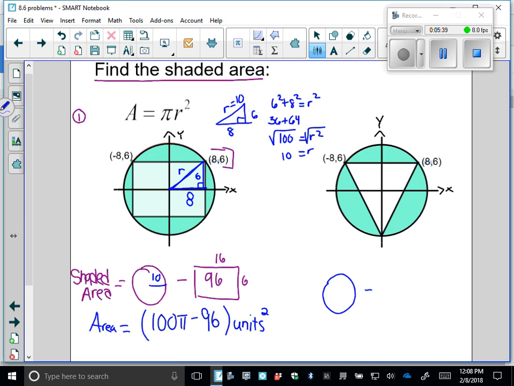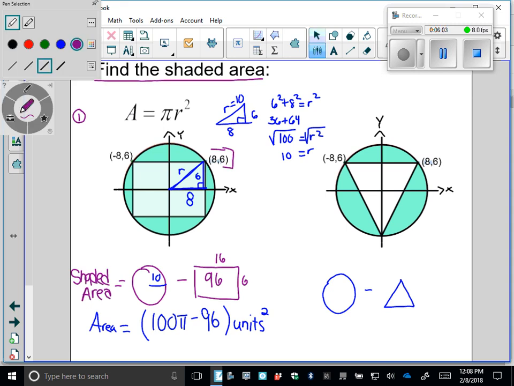And we're going to subtract out this triangle. So in the picture, the triangle's upside down, or not really upside down, but maybe what a lot of people perceive as upside down. So it's inverted. So we have to figure out the area of the triangle instead of the area of the rectangle.